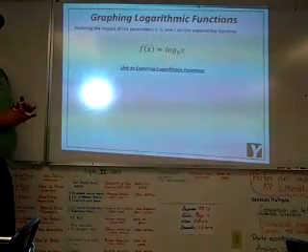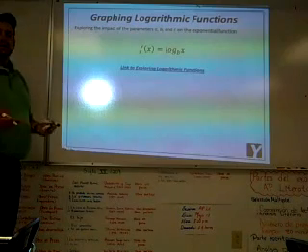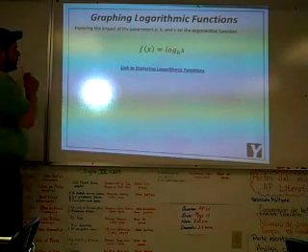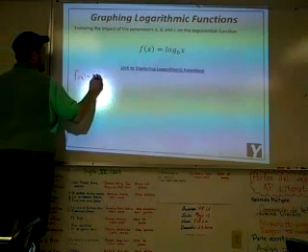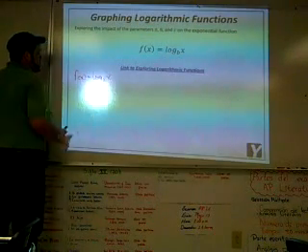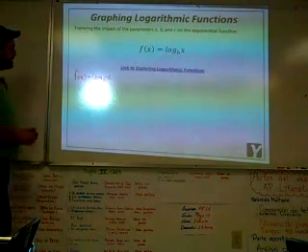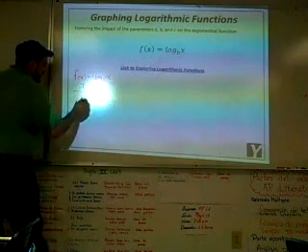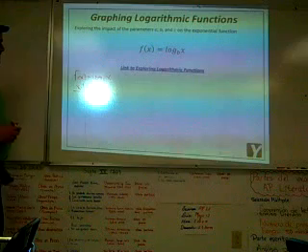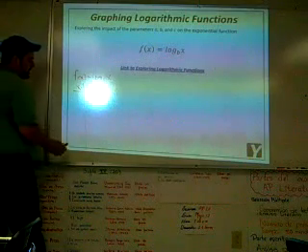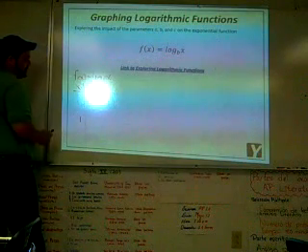So just like we can graph exponentials, we can also graph logarithms. And so if I were to ask you to graph the function f of x equals the log base 2 of x, we're going to start by making a table of values again. I don't want to randomly plug in some numbers. Let's strategically plug in some numbers. Let's start with 1.